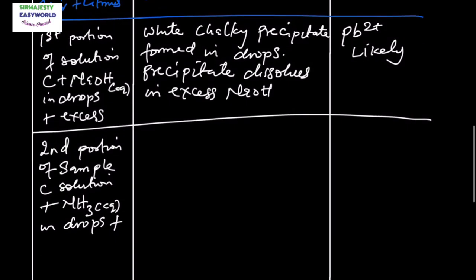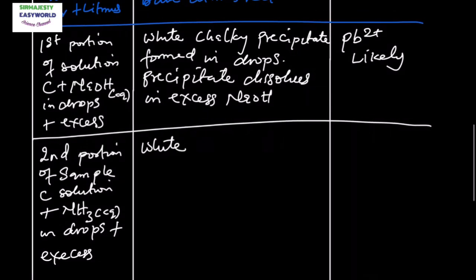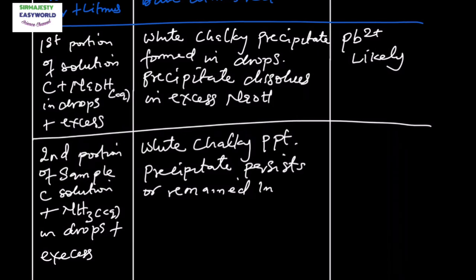In drops plus excess, you have a white chalky or powdery precipitate, PPT, formed. Remember, anyway you say chalky, you can say powdery. Precipitate remained insoluble. Precipitate persists in excess. Persists or remained insoluble in excess of what?